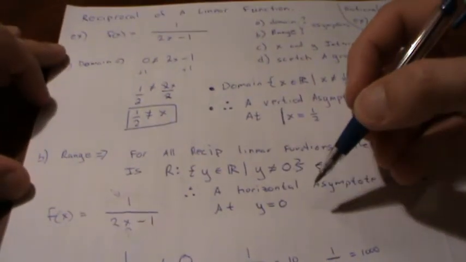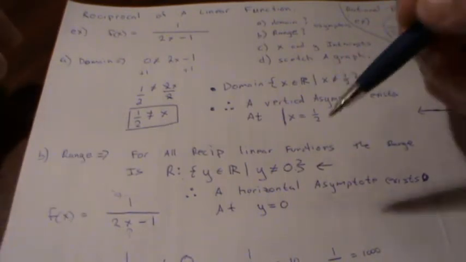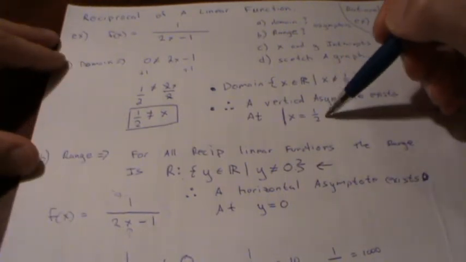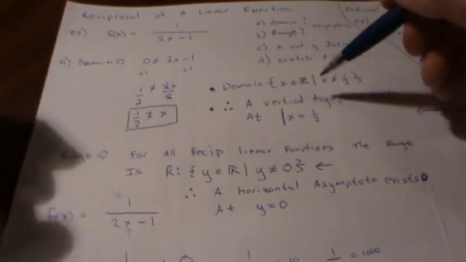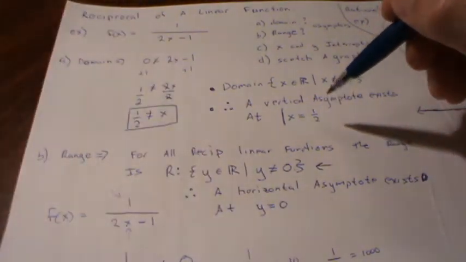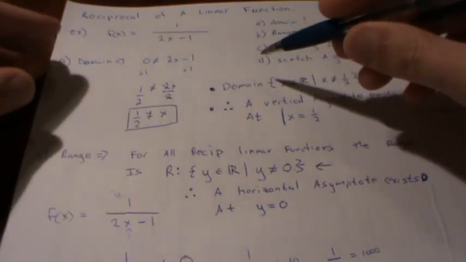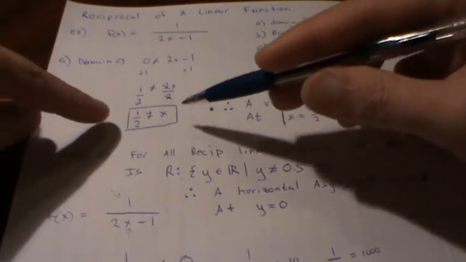Remember the difference between domain and range. The domain, this is key right here, is all possible numbers that I can put into the function and get out. Any number that I can put into the function is in the domain, but that number must give me a reasonable answer. So if I can put a number in and get a reasonable answer out, the number that I put in is in the domain.